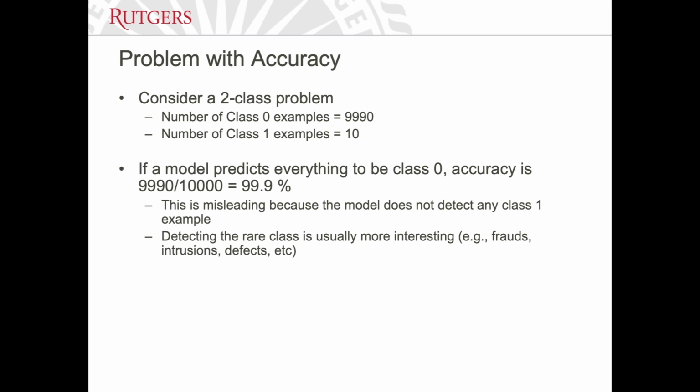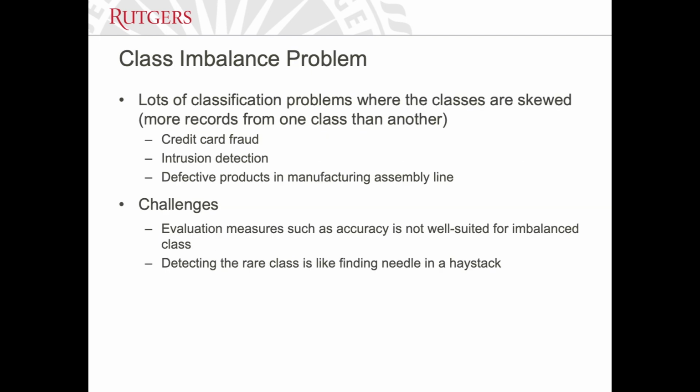So in reality, we are facing many imbalanced classification problems: credit card fraud detection, intrusion detection, defective products, etc. So it's challenging to find these rare cases, like finding a needle in a haystack.